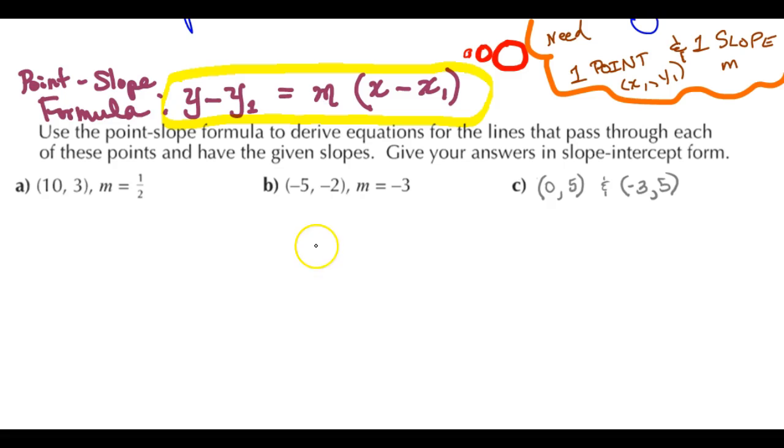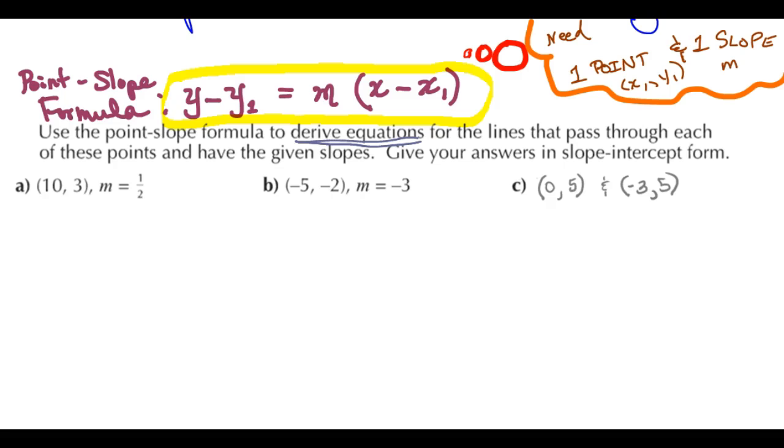You'll also see derive the equations or whatnot. So keep focused on that. We need 1 point and 1 slope, or at least we need to be able to figure out what we need, the information that's crucial to plug into the formula.